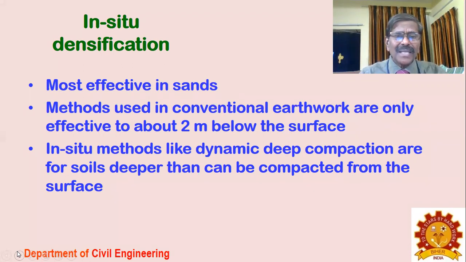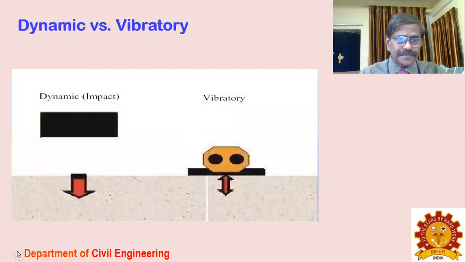If you drive a pile, it pushes the soil to either side and the soil gets compacted. Just like that, it is used for in-situ densification. Dynamically, you give an impact, then the soil is pushed to either side, away from that, and this causes compaction in the soil.